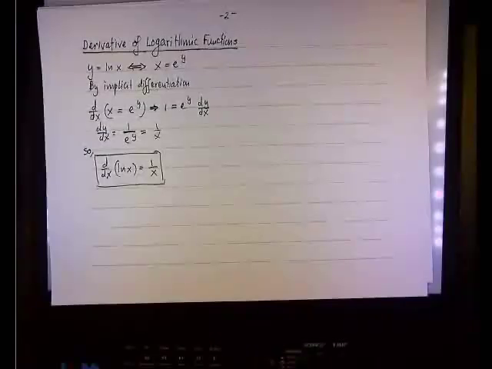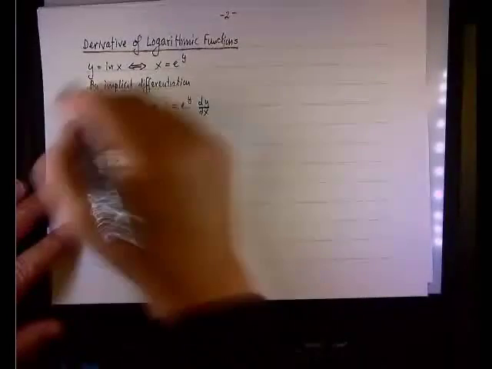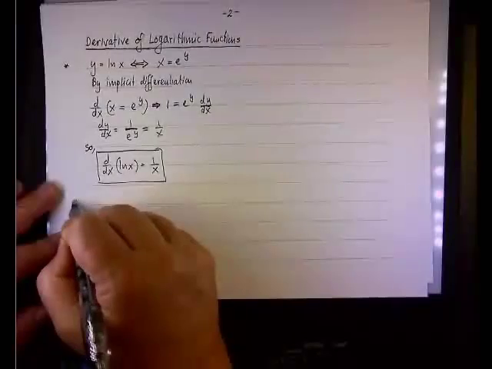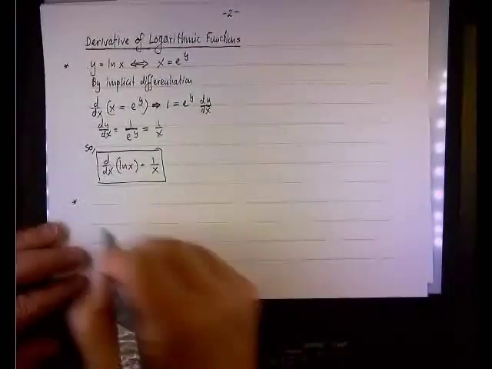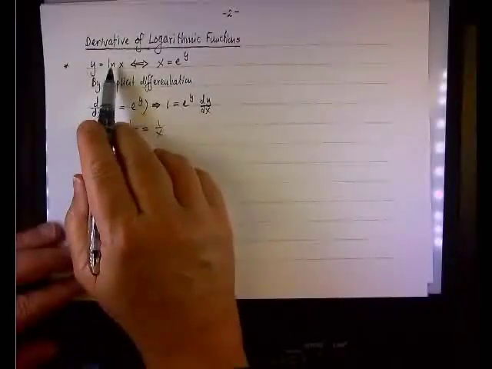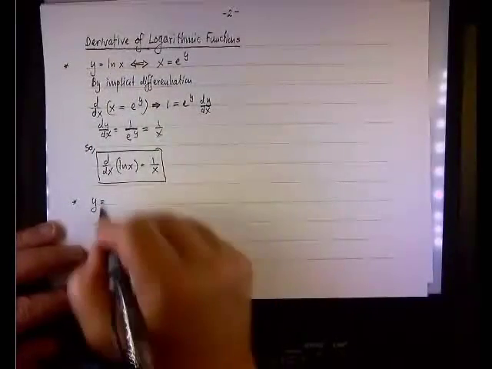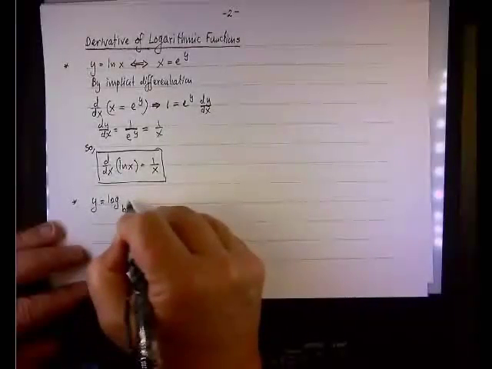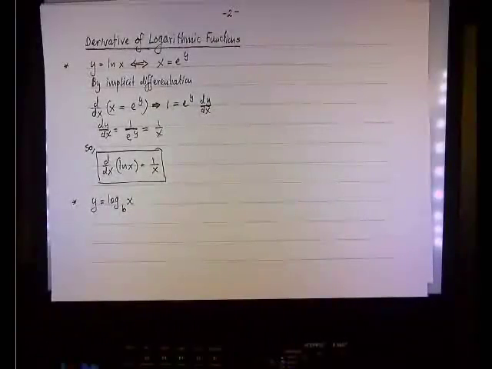What about a different base? This will be point number 1. Point number 2, the next point: let's say that y is a different base. This is the base e, the natural log, but if you have a generic base, let's say log base b of x, how do we find its derivative?